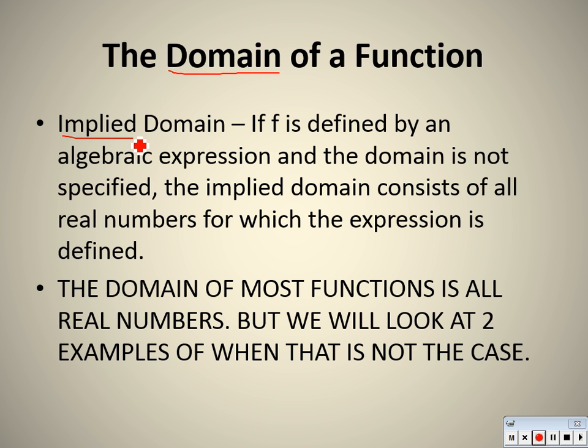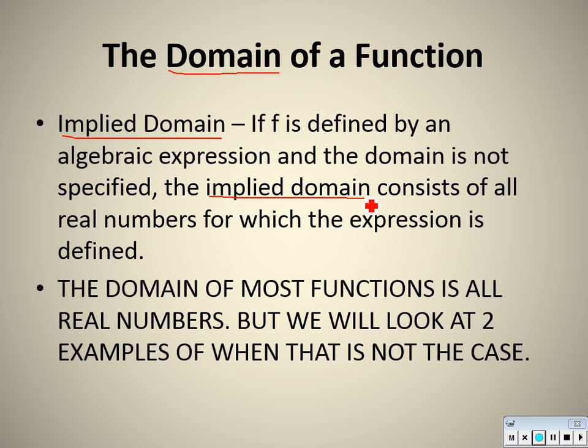An implied domain is when you examine the equation of a function and try to determine all the different possible values that you can substitute in for x that would get you some type of real answer for y. The implied part comes in because the domain is not stated in the given question. It's something that you're going to have to figure out.